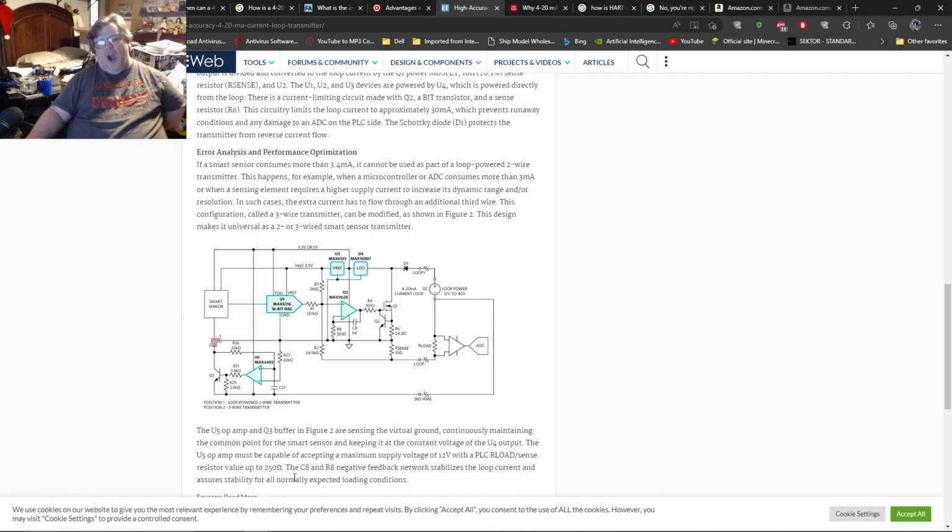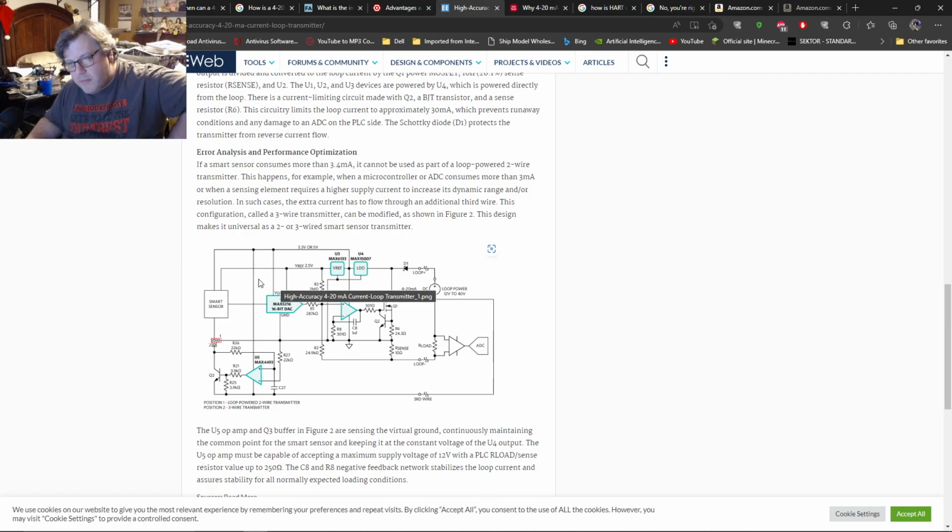The U5 op amp, which, trust me, you guys who are going into digital later on, you'll see more of that. Or if you've already been in that, you know what I'm talking about. It must be capable of accepting a maximum supply voltage of 12 volts with a load sense resistor value up to 250 ohms. And there you go.